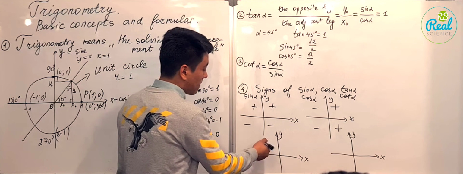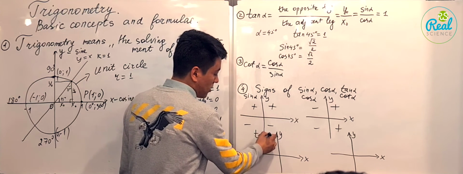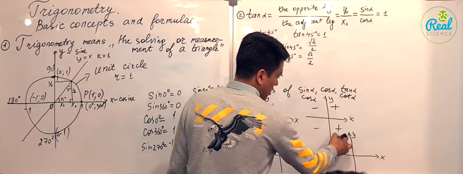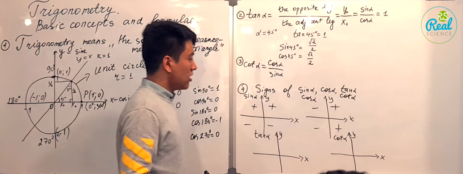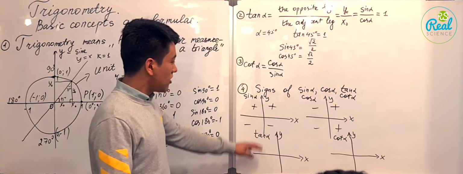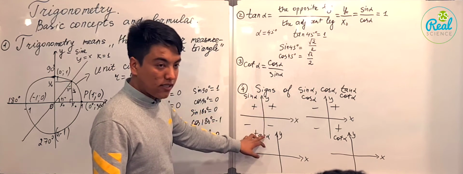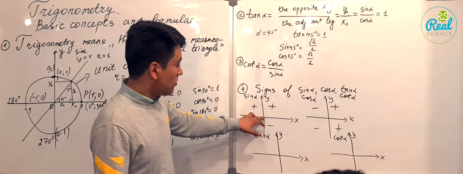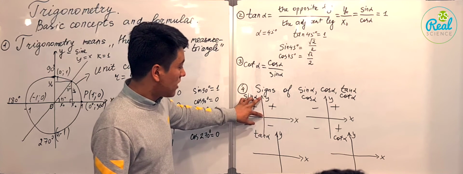Which part didn't you understand? The signs of sine alpha and cosine. Look, sine is this axis, the y-axis. What is the sign of y at this point?